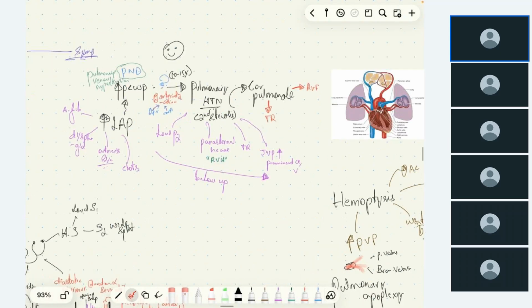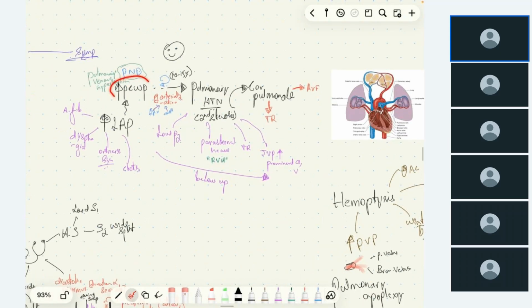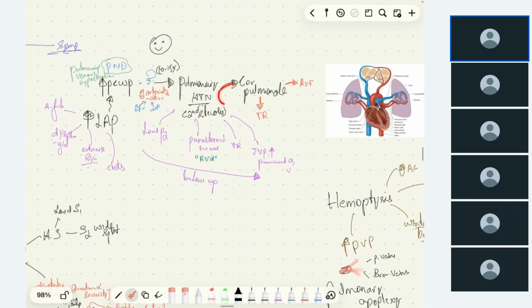Pulmonary capillary wedge pressure increase leads to pulmonary hypertension. Due to pulmonary hypertension, we all know that it puts more pressure on the right ventricle. So the right ventricle can't sustain that much pressure, leading to right ventricular failure. And then the right ventricular pressure is transmitted onto the tricuspid valve, leading to tricuspid regurgitation.